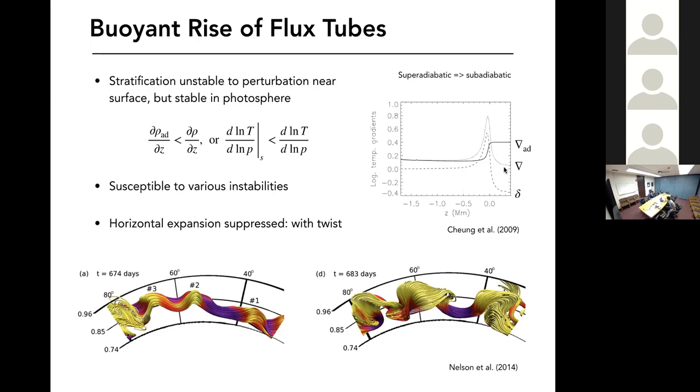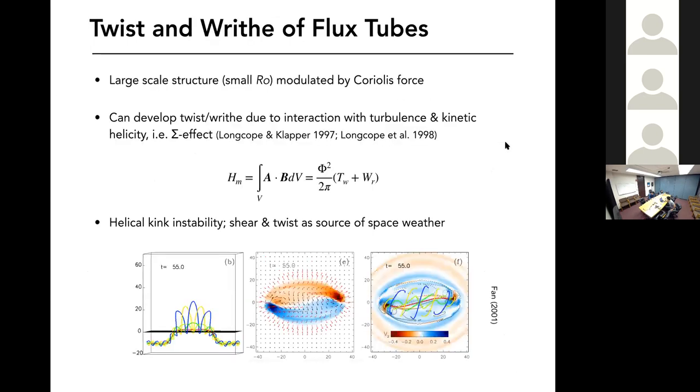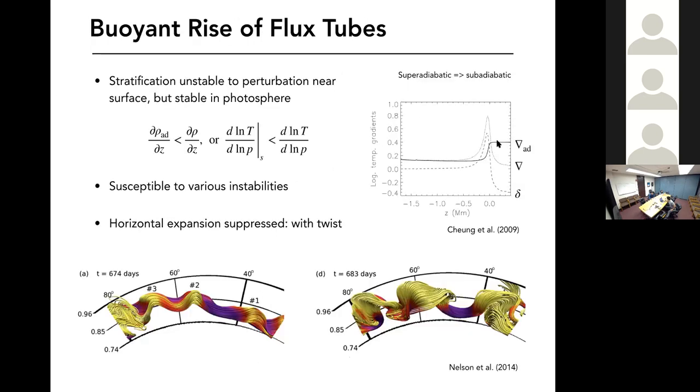And this solid line is the adiabatic stratification. If you subtract the two, this dashed line is their difference. So when this delta, the difference, is smaller than 0, it's super adiabatic, which means the disturbance is unstable.